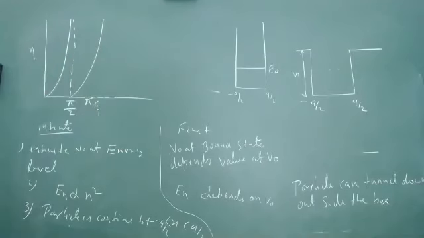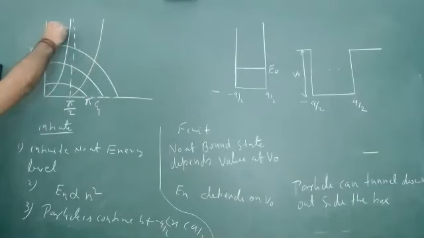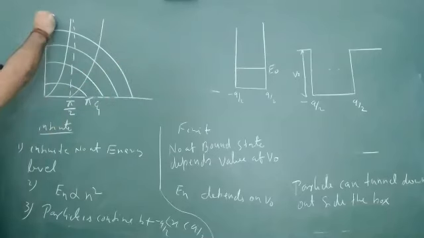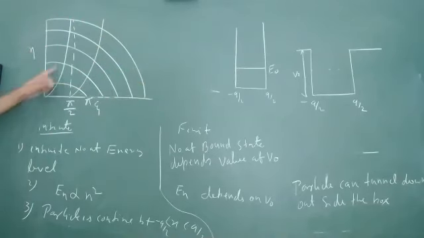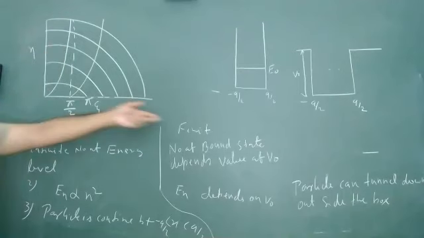Now, you can take any value of energy and any value of potential. These are all ground states for different values of V naught.